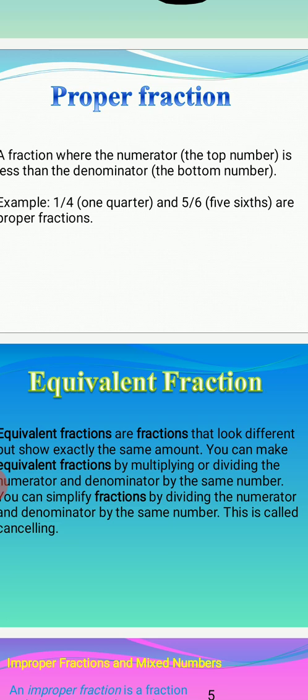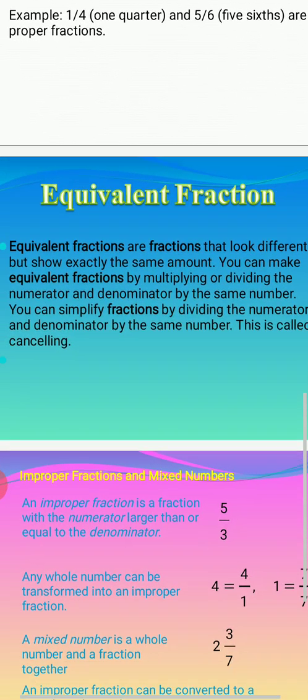One student scores 5 marks out of 10 in math and another scores 10 marks out of 20. Both are equivalent fractions, because when we standardize by dividing both by 2, we get the same number. This is called an equivalent fraction, and it is also called cancelling when the numerator and denominator are divided by the same number.